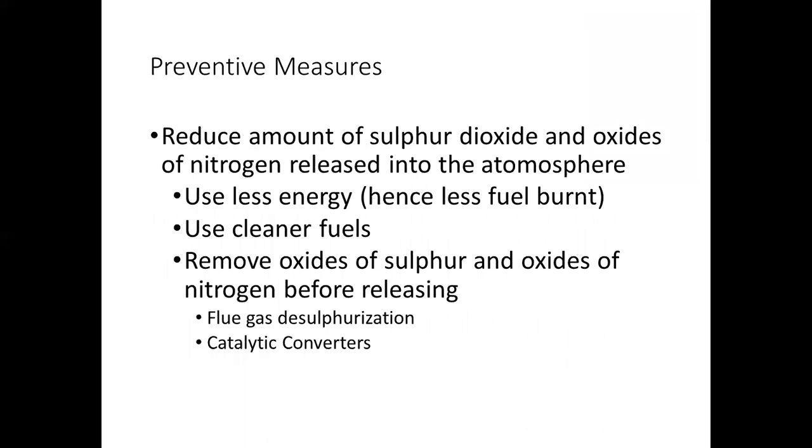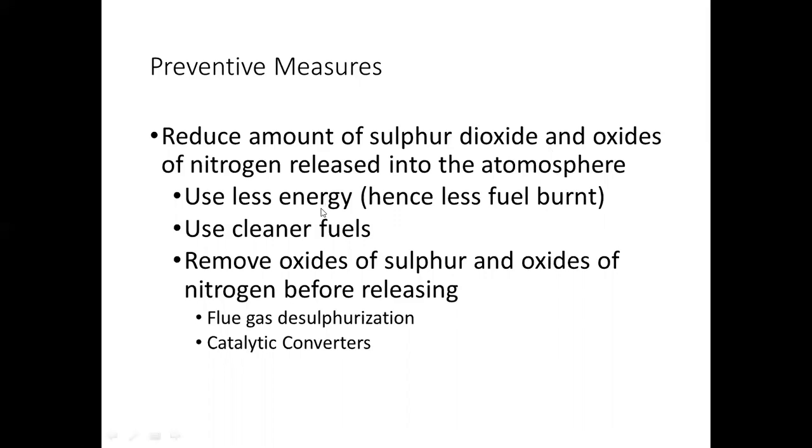Then preventive measures. Let's see the most important thing: preventive measures and controlling measures for acid rain. We can reduce the amount of sulfur dioxide and oxides of nitrogen released into the atmosphere. To prevent acid deposition, we have to prevent the emission of SO2 and NO2.